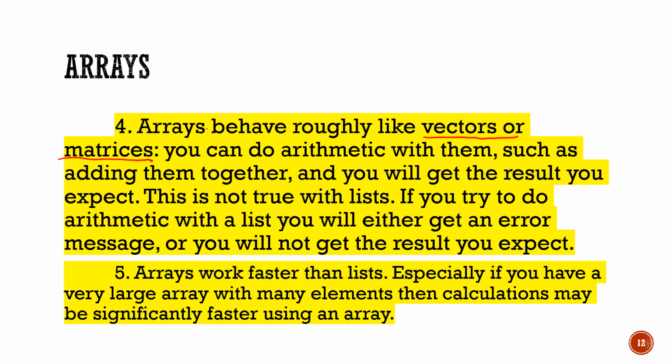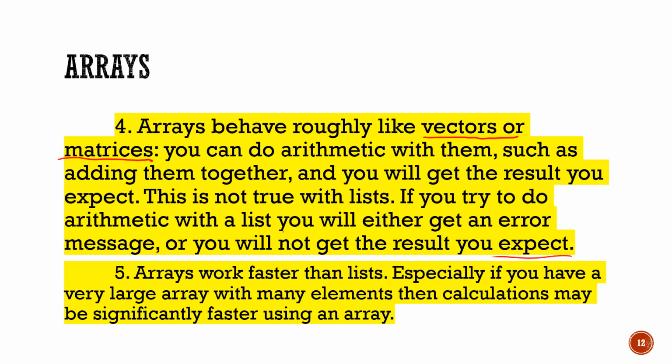You can do arithmetic with them, such as adding together. With a list, if you add, it just joins them; it does not add the numbers. This is not true with a list. If you try to do arithmetic with a list, you will either get an error message or you will not get the result you expect, so you get a semantic error right away.